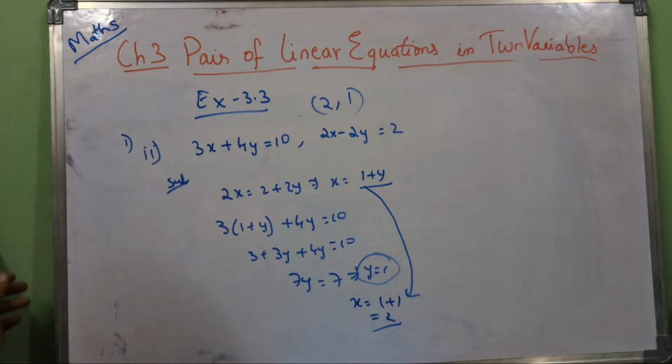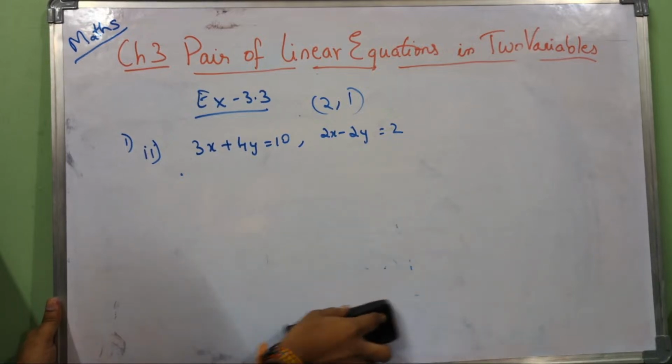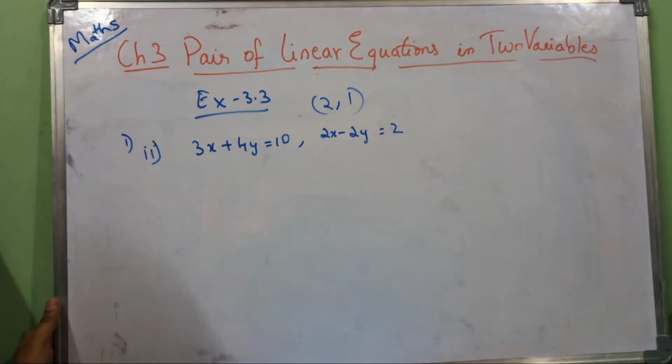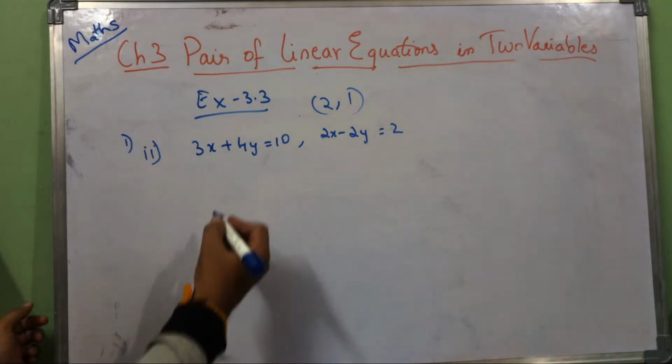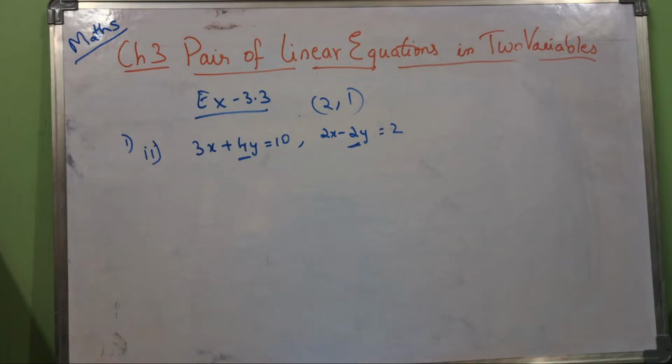Now let's solve using the elimination method. So here y is 4 whereas y is 2. So what I will do is I'll multiply this equation with 2 now.